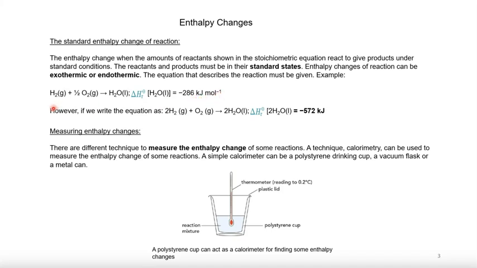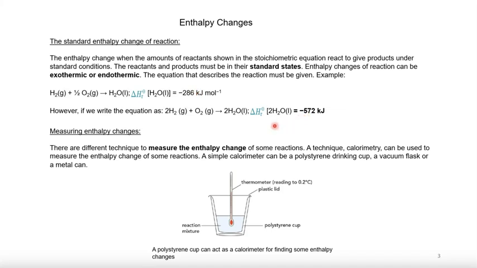Okay, we can write this reaction again. We can write 2 moles of hydrogen gas and 1 mole of oxygen gas. We get 2 moles of water. Then in that case, the standard enthalpy change of reaction will be minus 572 kilojoules per mole. This is the double of this one.